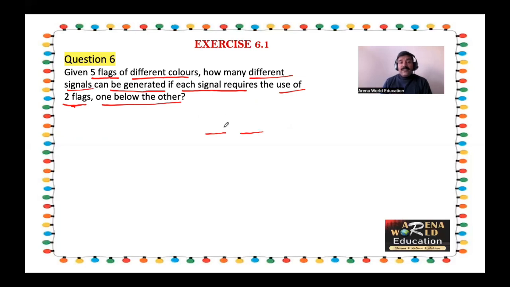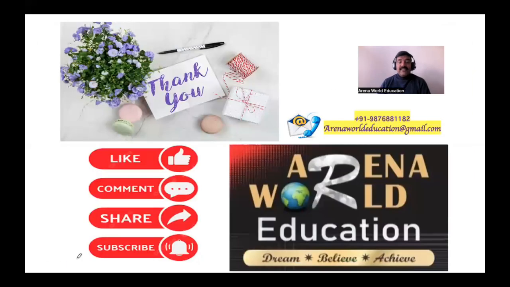So for the first flag, you have 5 choices, so that position can be filled in 5 ways, and the second will be filled in 4. With the same multiplication principle, you get 5 into 4, the answer will be 20. So in this way, you can solve question number 6. And this is all about your exercise 6.1.